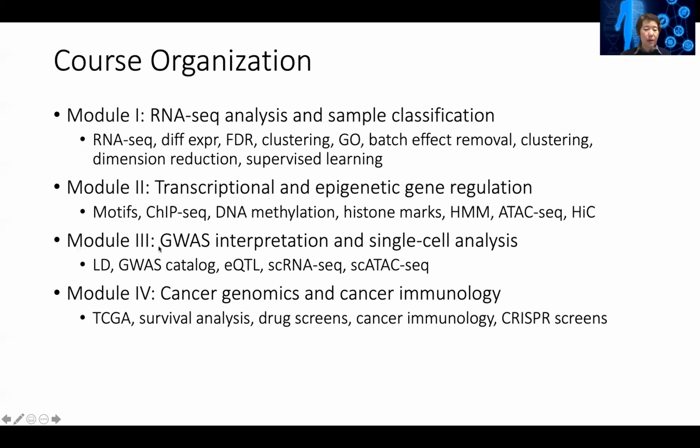The third module, we will cover GWAS interpretation and single cell data analysis. There are whole semester courses to cover GWAS, so we are only going to use 2 lectures to cover this.